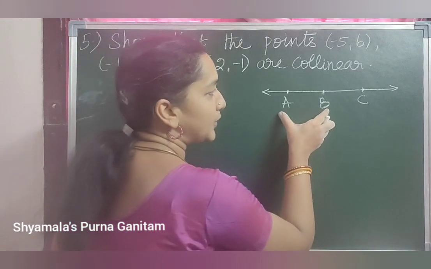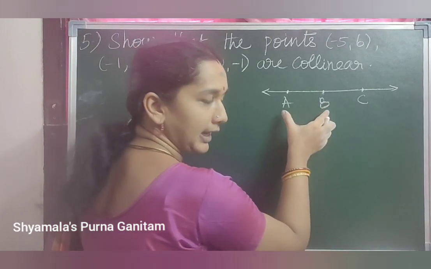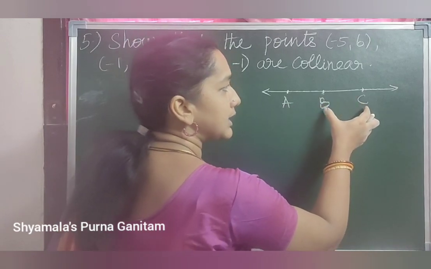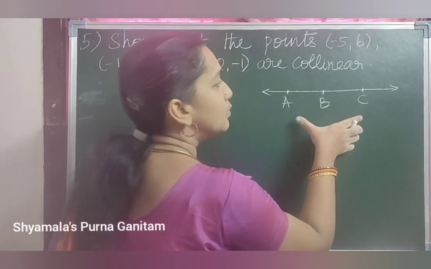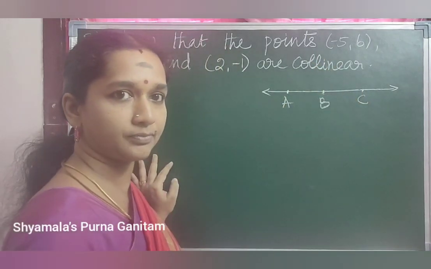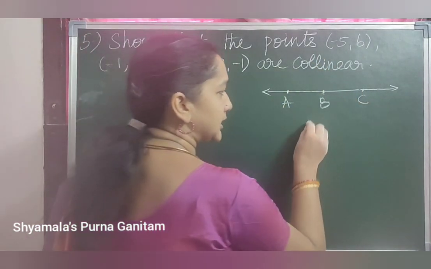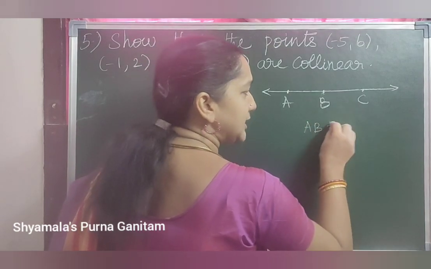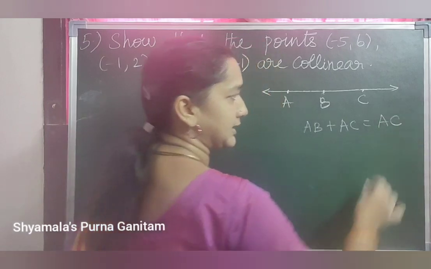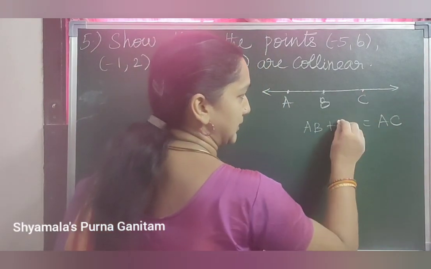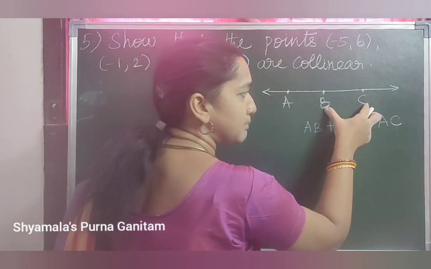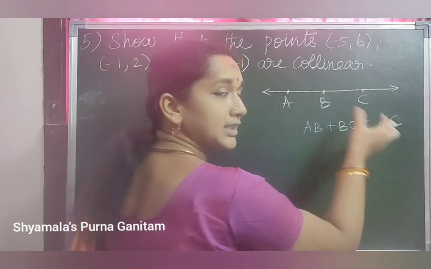I'll find the distance between these 2 points, A, B. Whatever answer I am getting for A, B, and whatever answer I am getting for B, C, when I add this, I have to get the distance between A, C. Okay, understood. Distance between AB plus distance between BC is equal to distance between AC.